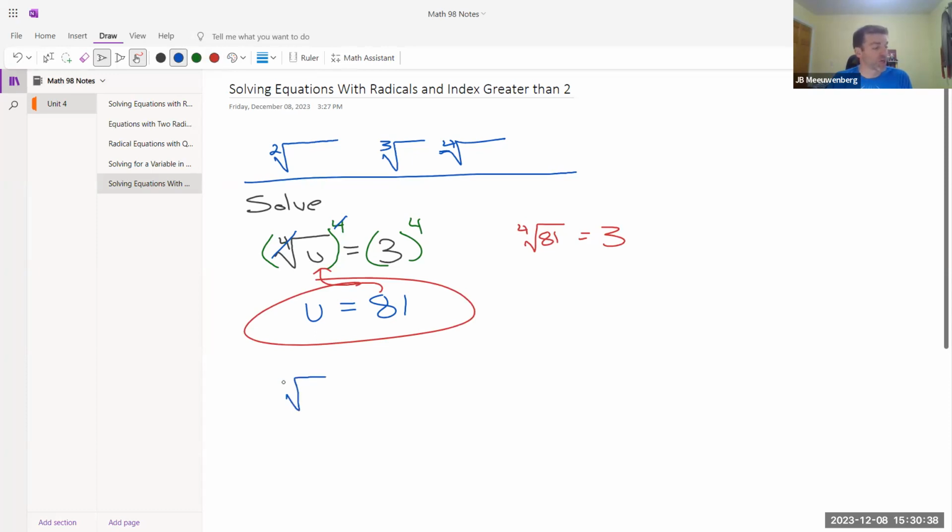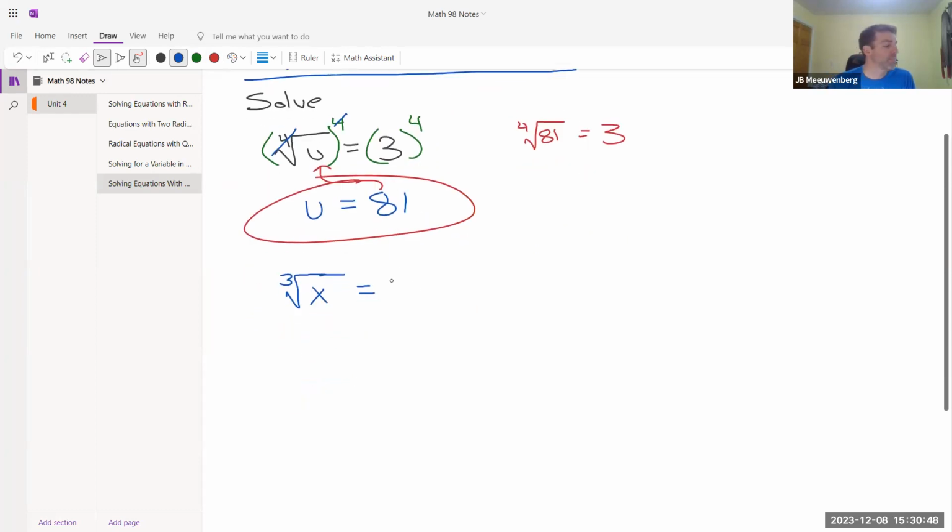We could see the cube root, so maybe we'll do a 3 here, of x is equal to, let's try negative 2. So your first thought might be, hey, we can't take roots and get a negative.